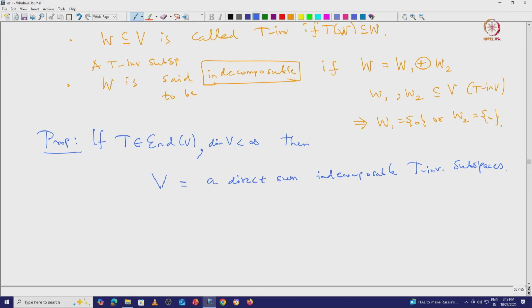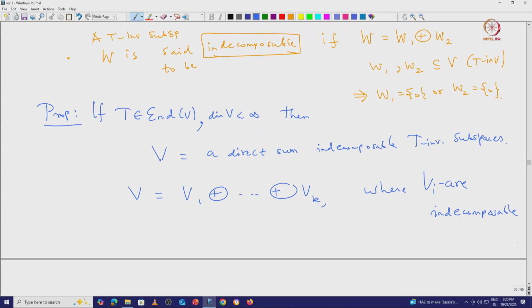That means you can write V as V1 direct sum and so on up to direct sum Vk, where these Vi's are indecomposable. Indecomposable means it is already T invariant.